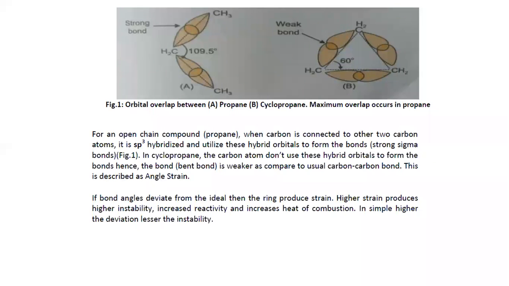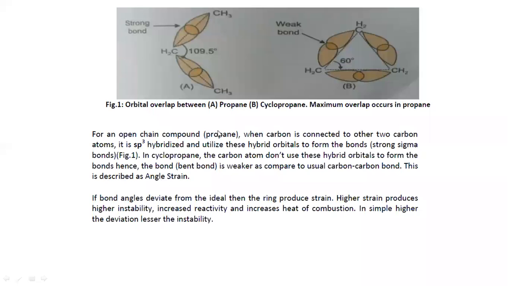as they are deviated from this bond angle, they change their stability. They are unstable because of their deviation from the tetrahedral geometry bond angle. So that's why cyclopropane is less stable than the propane molecule, because of the deviation from the normal bond angle of tetrahedral geometry.